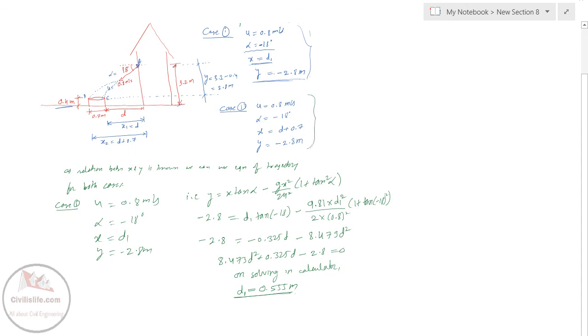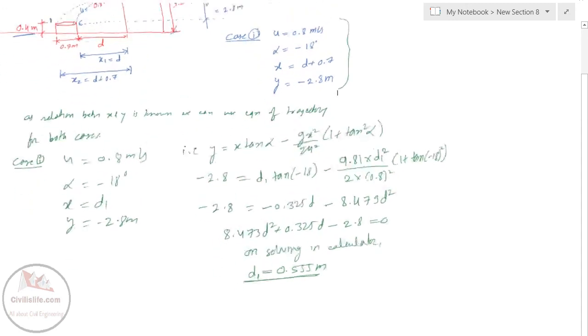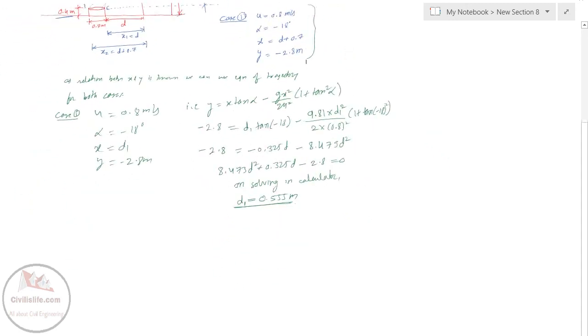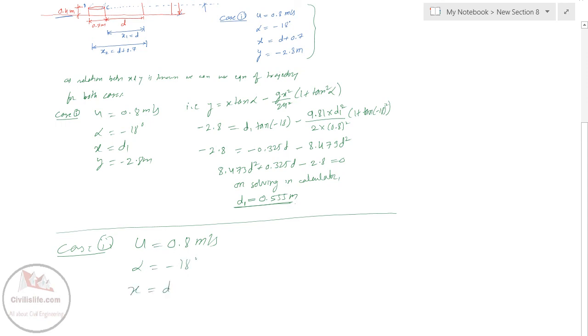Then let us find another d value for case 2. The data available for case 2 is this one. So first I will write it down here. For case 2, the available data is u is 0.8 meter per second, alpha is minus 18 degrees, x is, let us call this d2 plus 0.7, and y is equal to minus 2.8 meter.